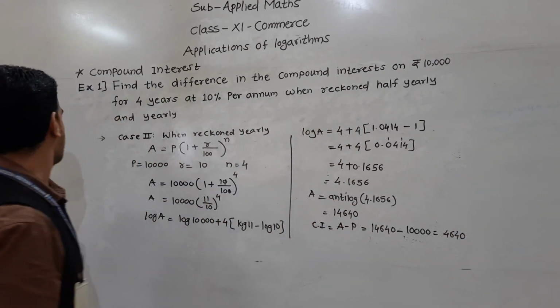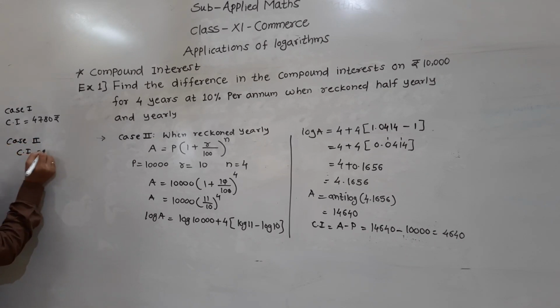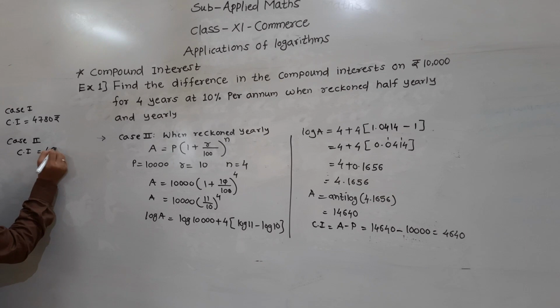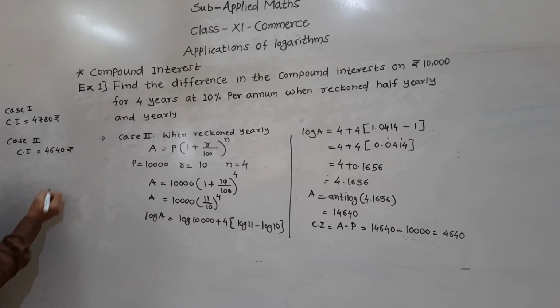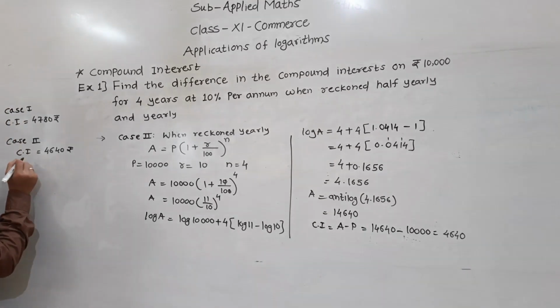Okay, so in case second, compound interest is 4,640 rupees.